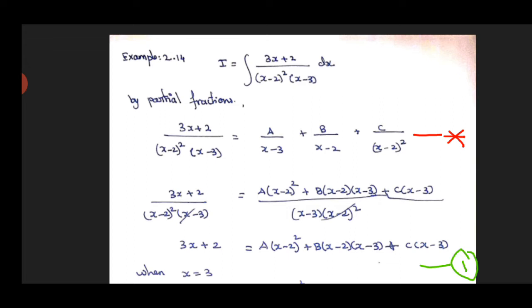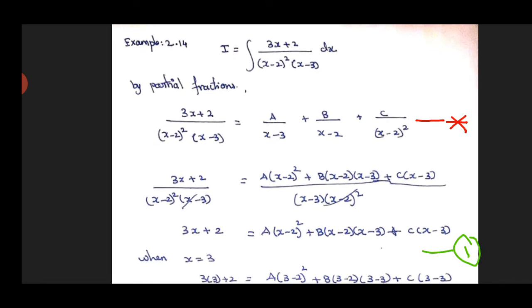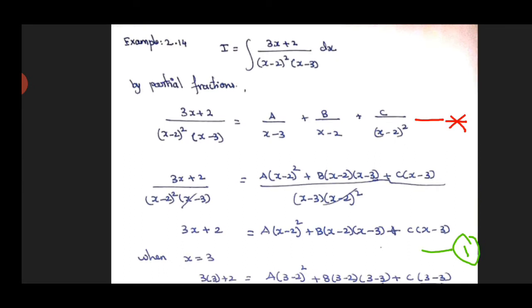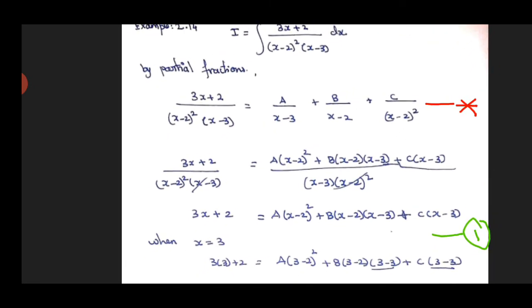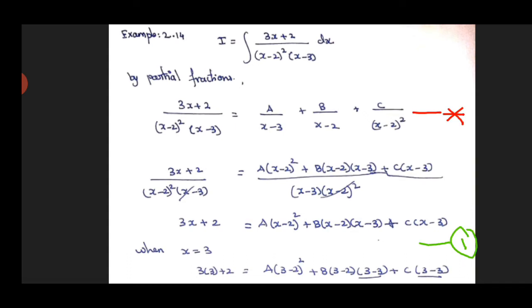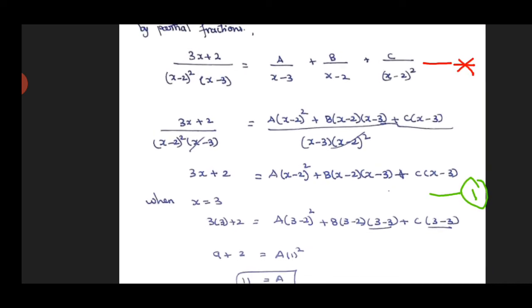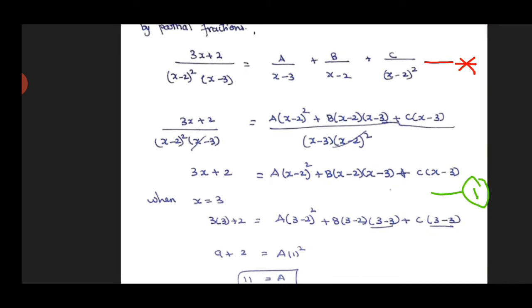Now look at the denominator. You have (x − 2)² times (x − 3). (x − 2)² means (x − 2)(x − 2), right? So when we do the partial fraction for this type, take this (3x + 2)/((x − 2)²(x − 3)). Look at the denominator on the left side, (x − 2)²(x − 3).